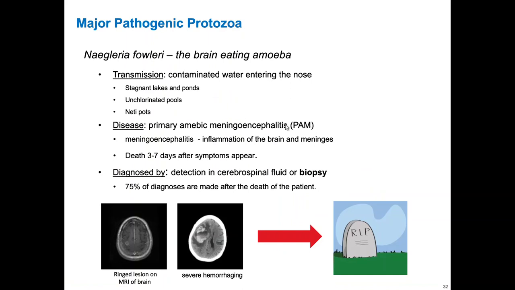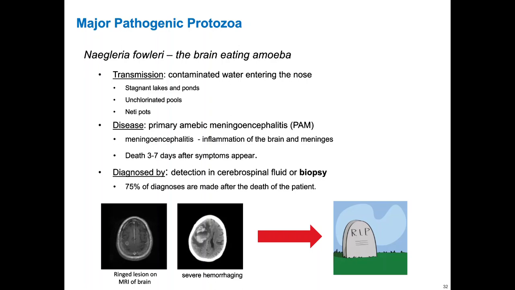Okay, next, this one's interesting to me. Naegleria fowleri. This is also known as the brain-eating amoeba. It is transmitted via contaminated water that enters the nose. It's associated with stagnant lakes and ponds, unchlorinated pools, and even neti pots that are unclean. So make sure you're cleaning your neti pots and using distilled water in them and not tap water.